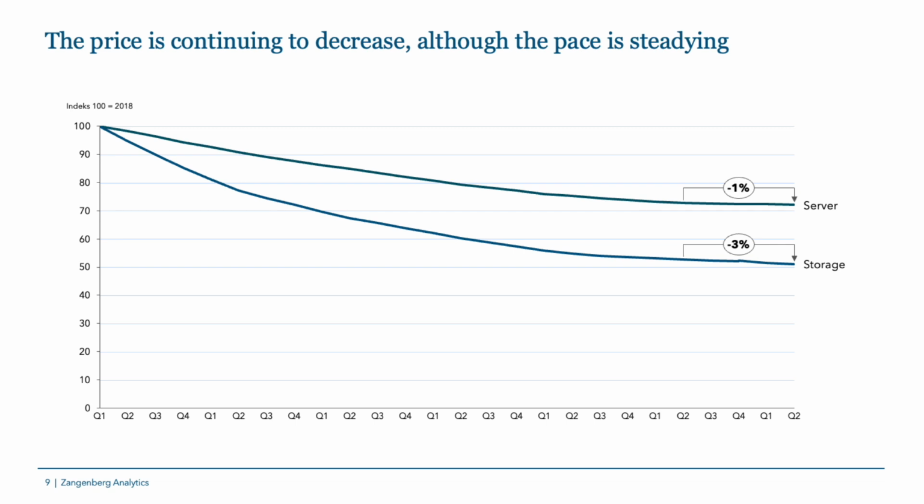But the unit prices for storage and servers within all of the tiers, or the different servers that you're purchasing, should be decreasing over time. So you're getting more capacity for the same dollar today than you did one year ago. But it's not the same pace that the decrease is happening as it was.